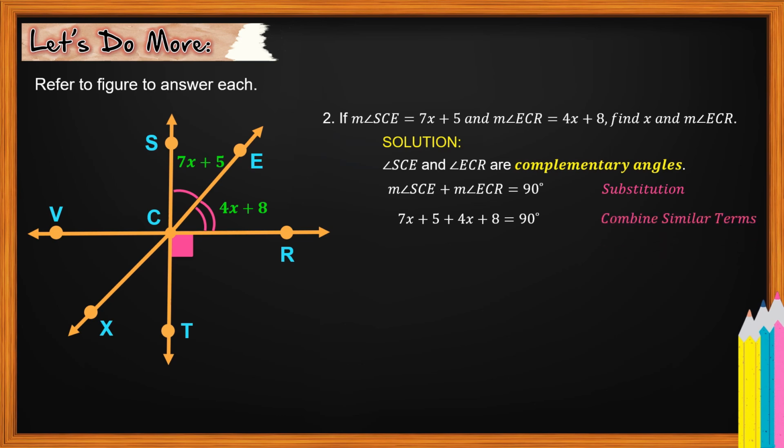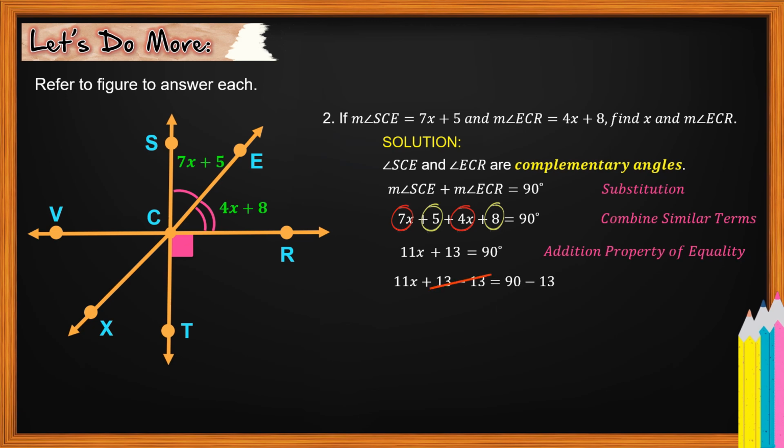Then combine similar terms. 7x plus 4x is equal to 11x. Then, 5 plus 8, 13, is equal to 90 degrees. Then, apply addition property of equality. We are going to add both sides the additive inverse of positive 13, which is negative 13.